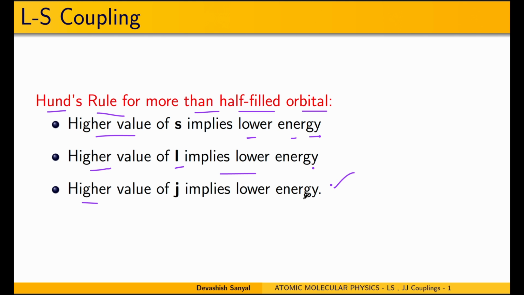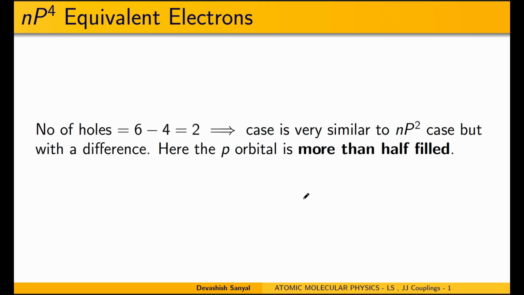So we will do an example here, the NP4. Now we have 4 equivalent electrons. The principal quantum number is the same, n, and for each electron the orbital quantum number is L is equal to 1.